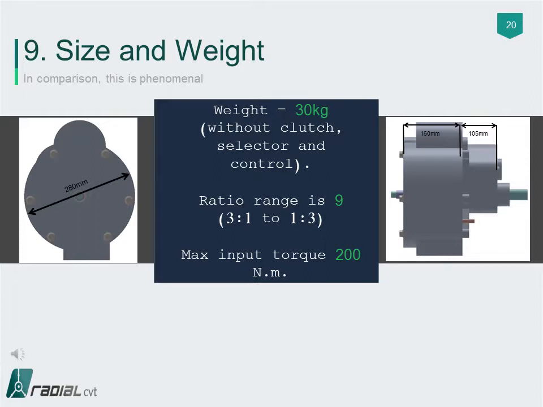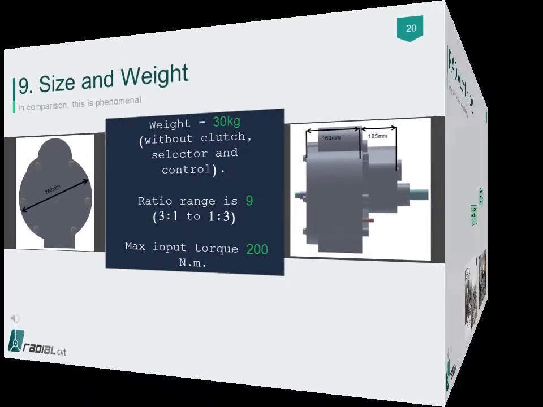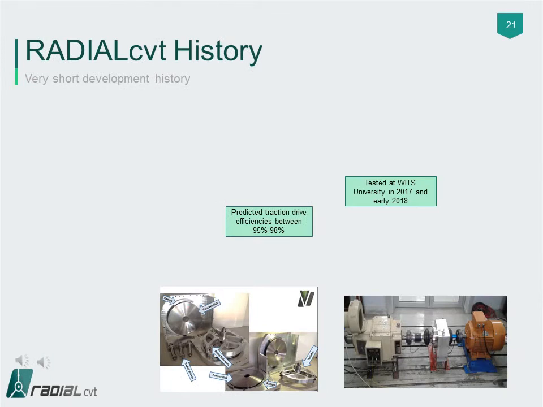The weight is 28 kilograms and excludes the automated clutch or dual clutch as well as the selector control and oil. This inline configuration can easily be configured for a front-wheel drive or transaxle configuration. The radial CVT development is a very recent development and a brief history is now provided.